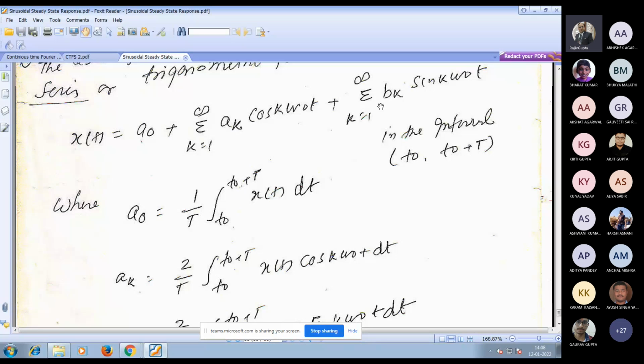The important thing is to understand the concept behind this, which I already told. Again, I am repeating: according to Fourier, if I talk about a continuous time signal, any continuous time periodic signal can be represented as a linear combination of harmonically related complex exponentials.